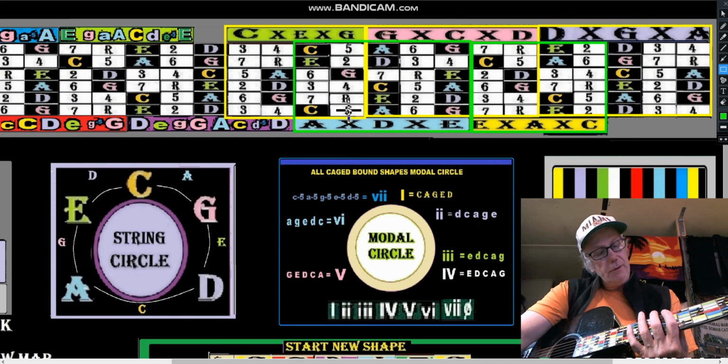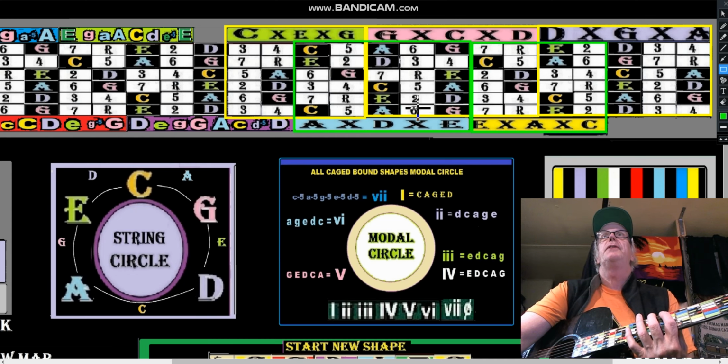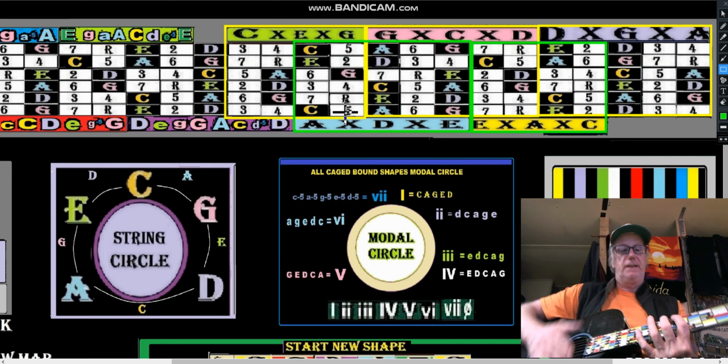So anyway, from the A shape, the 6 is the shared note between the G shape and the A shape, and the 5 is the shared note between the C shape and the A shape. The G shape is 6, 7 root, the A shape's 5, 6, and the C shape's 3, 4, 5, and there it is. So everything in CAGED is shared.